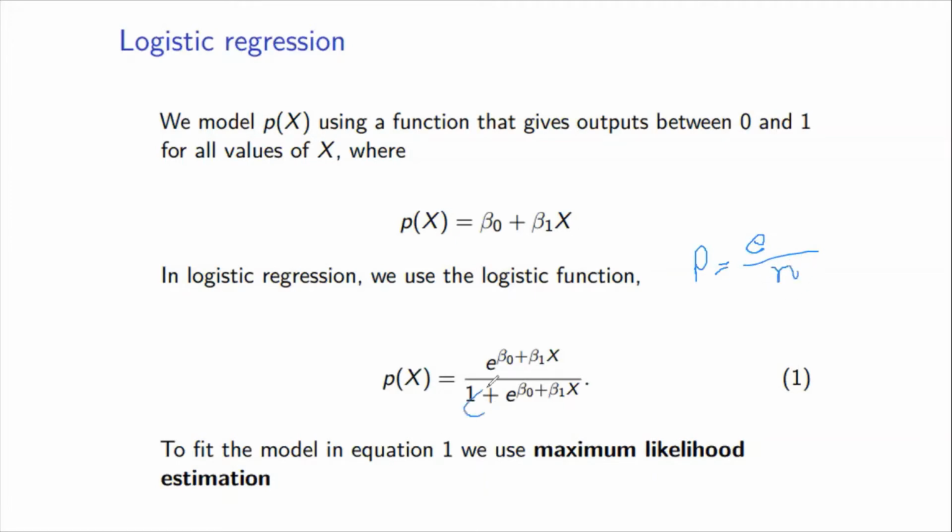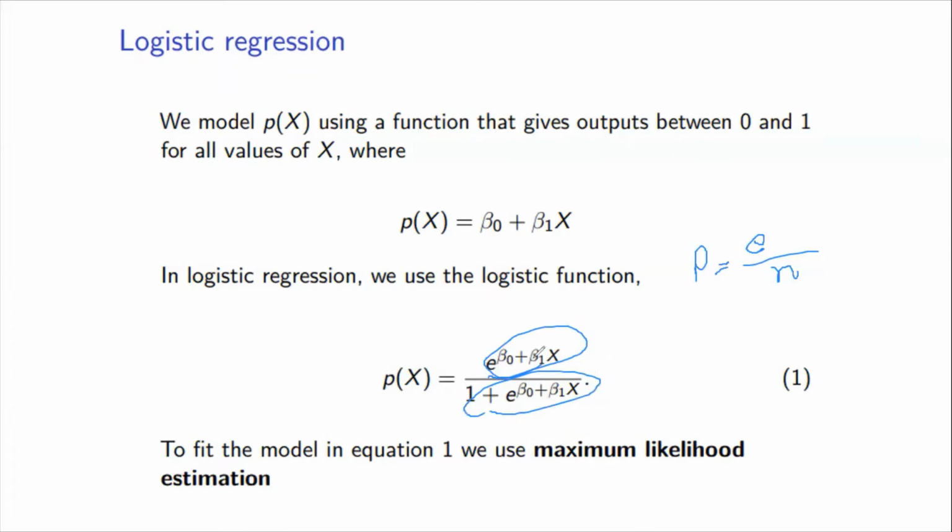This can be considered the sample size, and this can be considered our event. So the probability of our logistic function is equal to the exponentiation of the linear model divided by 1 plus the exponentiation of the linear model. Okay, so how do we calculate this?